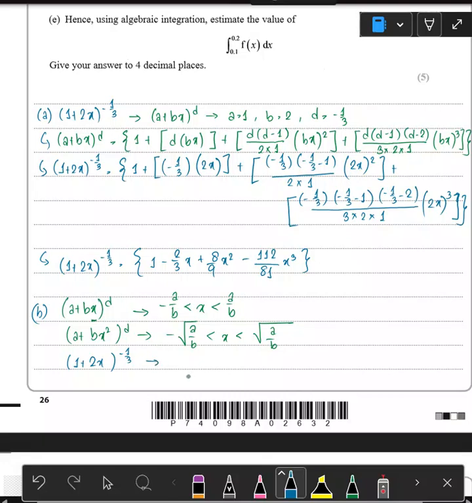So the range here would be, a is 1, b is 2, d is negative 1 by 3. So we'll write it in this way: negative a by b, so a is 1 by 2, less than x less than a by b, so a is 1 by 2. Okay. So this is the answer for part B of the question.